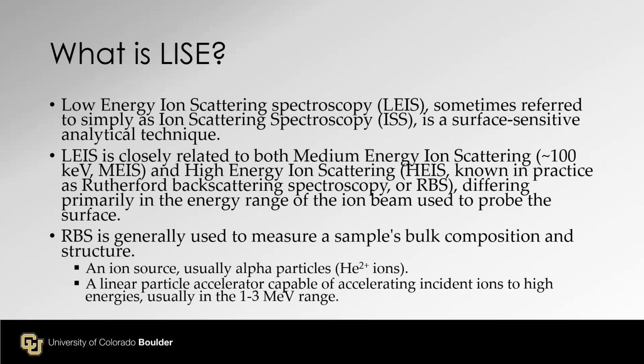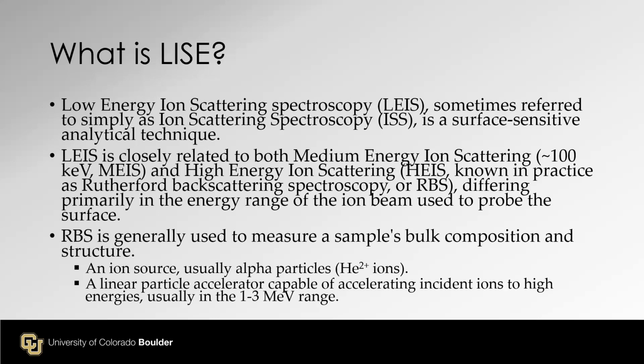LEIS is closely related to both medium energy ion scattering, MEIS, at about 100 keV, and high energy ion scattering, more often referred to as Rutherford backscattering, RBS. The only difference is the primary ion energy is very different.